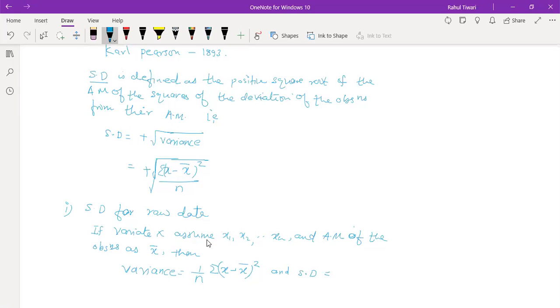Standard deviation is equal to the square root of variance. But you should also know how to find the variance. So just take the square root of this function and you will get the answer. It is the positive root of 1 upon n summation (x minus x bar) square.